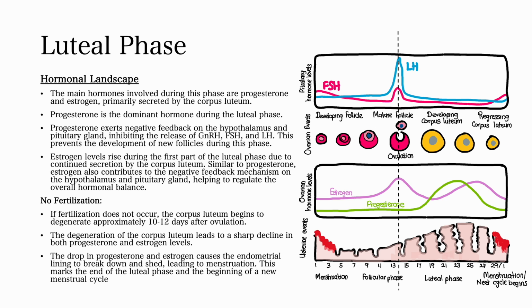ovulation. The degeneration of the corpus luteum leads to a sharp decline in both progesterone and estrogen. The drop in progesterone and estrogen causes the endometrial lining to break down and shed, leading to menstruation. This marks the end of the luteal phase and the beginning of a new menstrual cycle with menstruation.